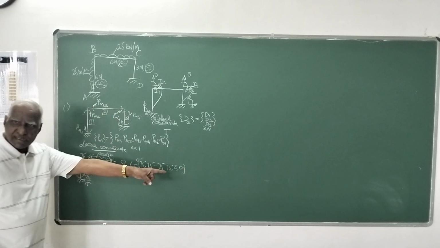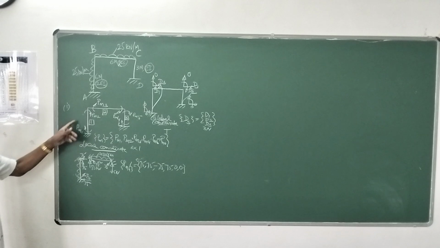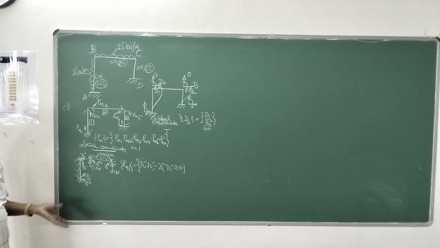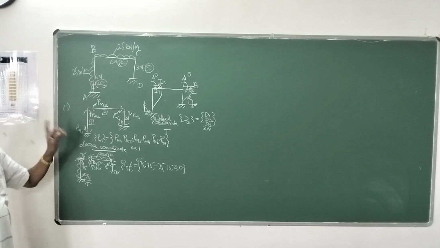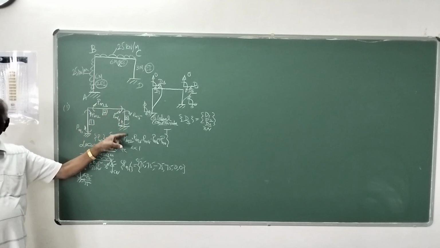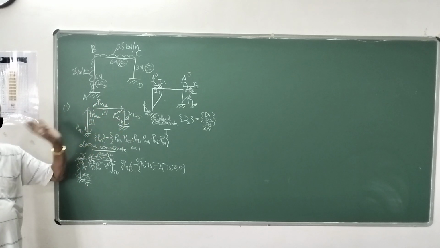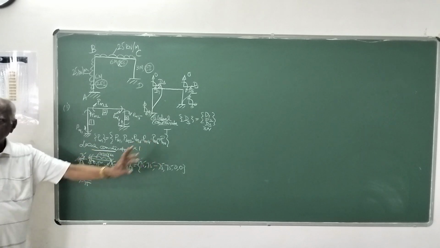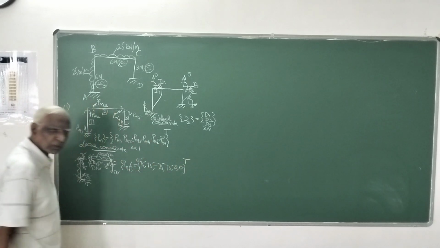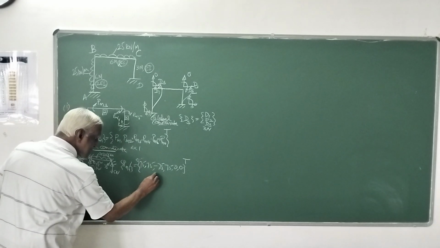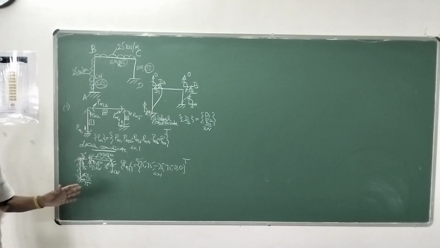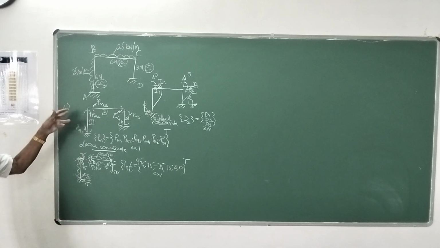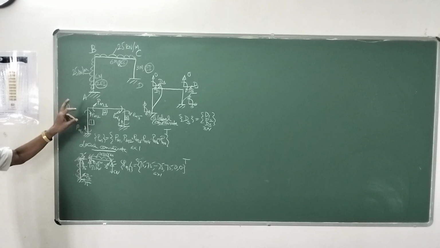This PMF matrix, as you have seen in beam, is the member end actions due to given load in local coordinate system. Local coordinates are P1, P2 to P6. So corresponding to that, these are the loads. This is transpose. So it is also a 6 by 1 matrix. This is used in the last step where we are determining the member end forces at various ends of the member.